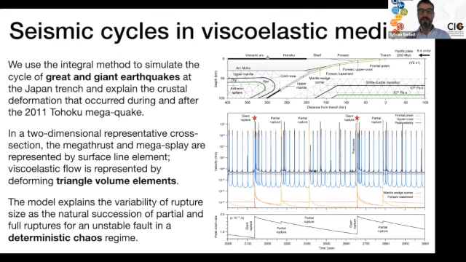Okay, and so that exhibits a lot of variability because of the change in fault geometry, the coupling with the viscoelastic layer, and the relatively unstable nature of the friction laws. So we explain the succession of small and partial ruptures, partial and full ruptures, by the unstable nature of the fault in the so-called deterministic chaos regime that spontaneously produces this kind of behavior.